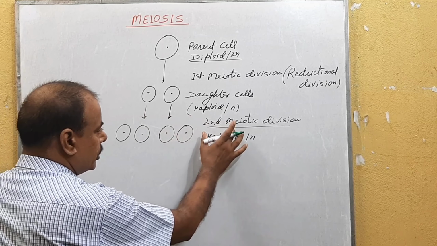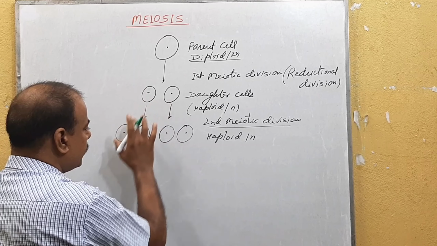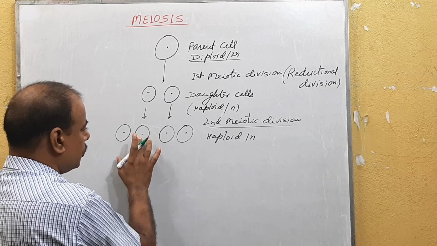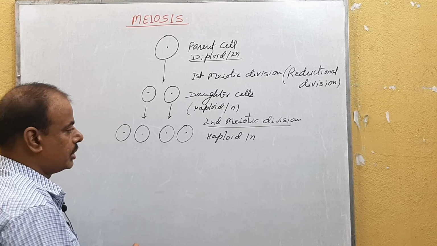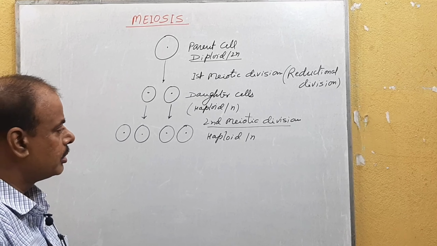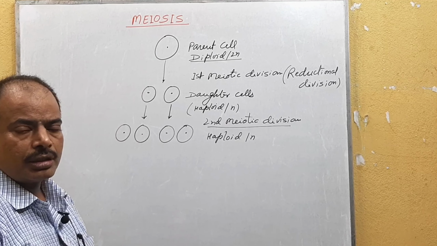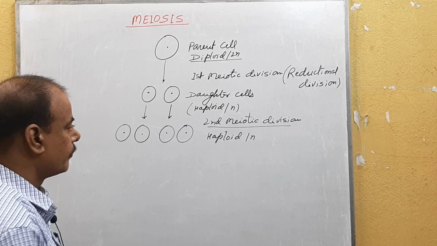Now, in the second meiotic division, again, one cell divides to form 2 daughter cells and the second one divides to form 2 daughter cells. All these 4 cells are haploid, meaning they contain half the number of chromosomes, which is represented by n.